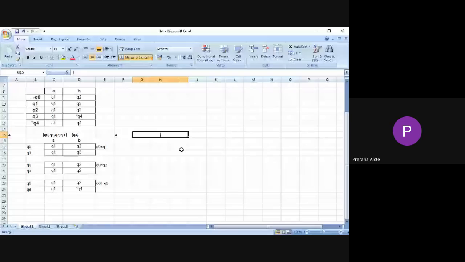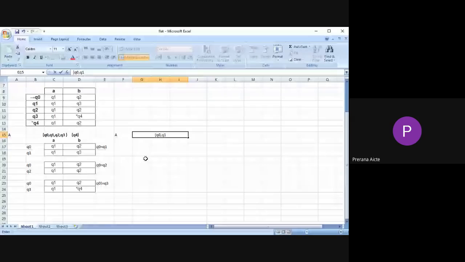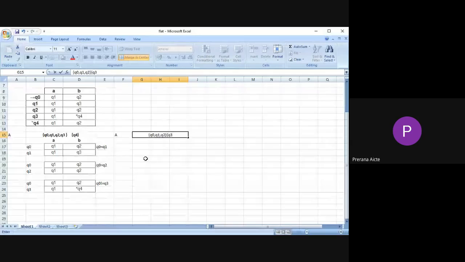So in one set it is Q0, Q1, Q2, and Q3 is another set, and Q4 is another set.